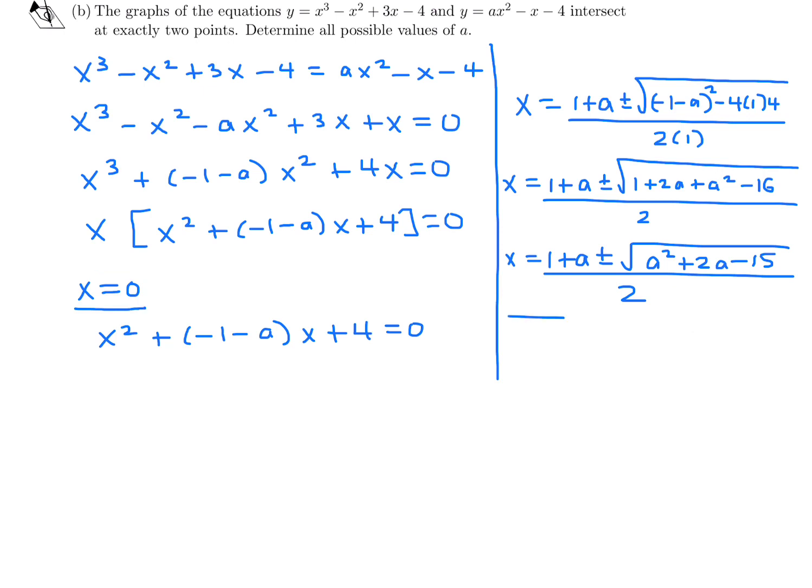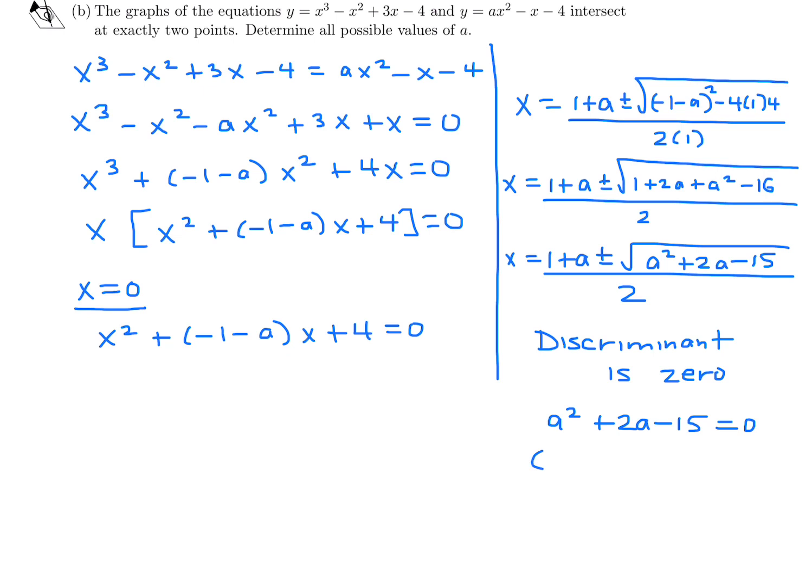So the only way to get 1 root here is if the discriminant, some of you know what I'm going to say, is equal to 0. That means this guy underneath the radical is the discriminant. If that's 0, this whole thing wipes out and you only get 1 root. And that's very commonly tested on math contests. So that means a squared plus 2a minus 15 must be equal to 0.